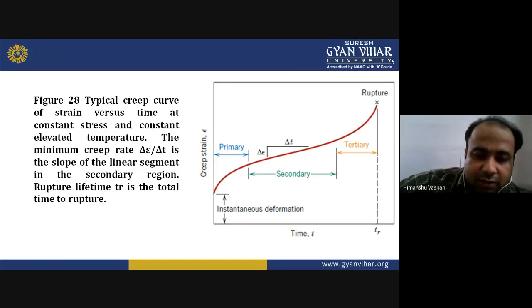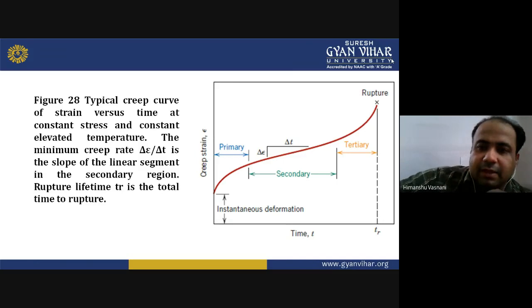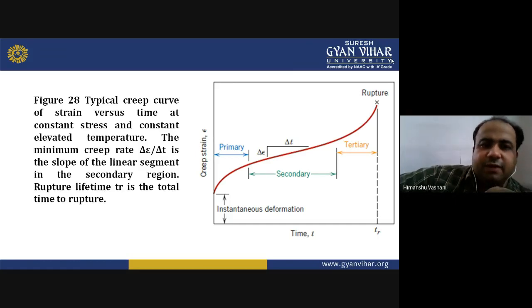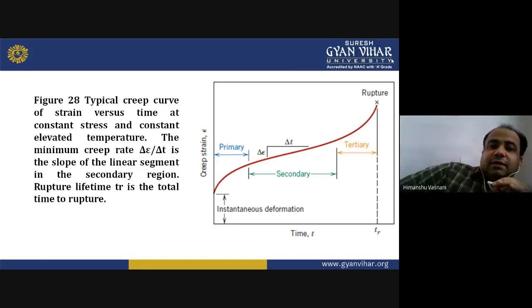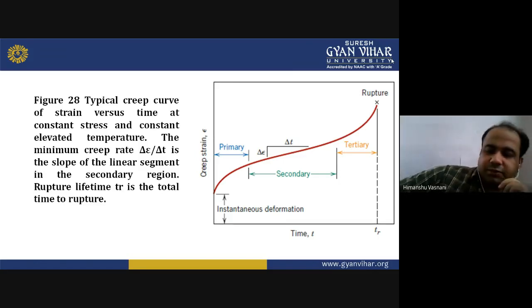On the x-axis you have time, with TR the rupture time, and on the y-axis you have creep strain. The minimum creep rate, delta E upon delta T, is the slope of the linear segment in the secondary region. Rupture lifetime, TR, is the total time to rupture.